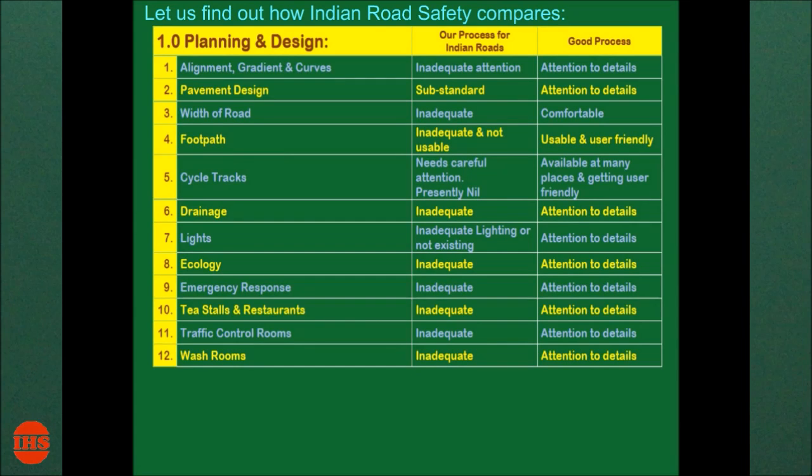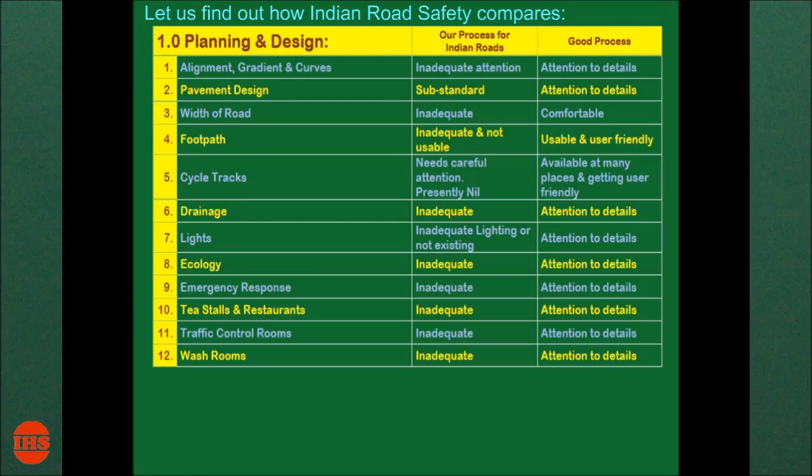Alignment, gradient and curves are given inadequate attention in our process for Indian roads. In good process, there is attention to details. Pavement design is substandard. In good process, attention to details. Width of road is inadequate.